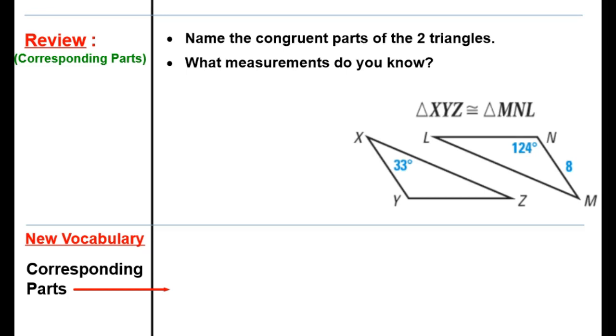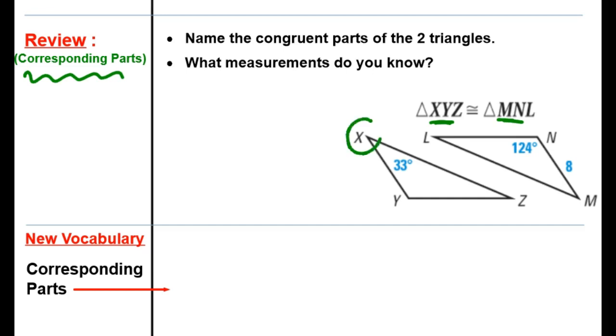If you go a little bit lower on your first page, we are reviewing our corresponding parts. Remember, the corresponding parts are the parts that are named in your congruence statement, and everything is lined up and ordered exactly the right way. It says name the congruent parts in the two triangles.